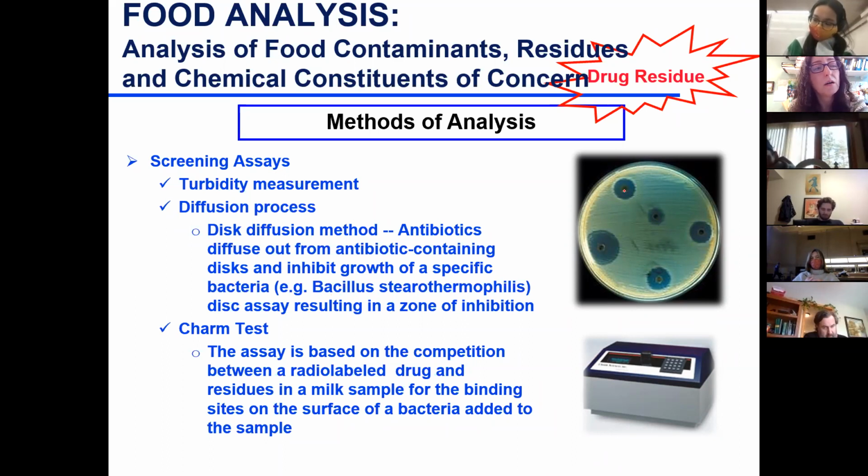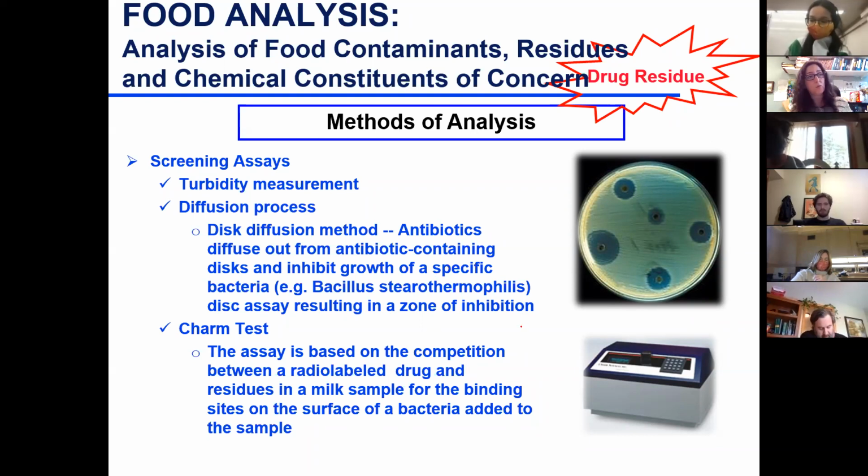If there are zones of clearance around that disc, that means this sample had antibiotic that leaked out of that disc and prevented the growth around this area. So this is just, is it there or not there? You don't do quantification here very much.